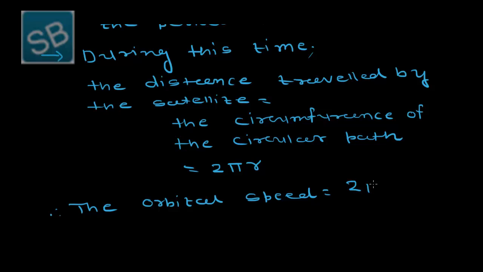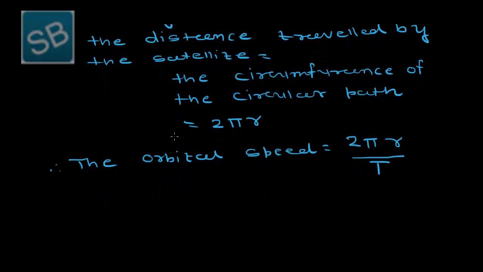So here the distance covered is 2 pi r and the time interval is capital T, and therefore the orbital speed I am denoting as v0 is equal to 2 pi r divided by T. So this is my equation number 1, and with this equation I can substitute the values.